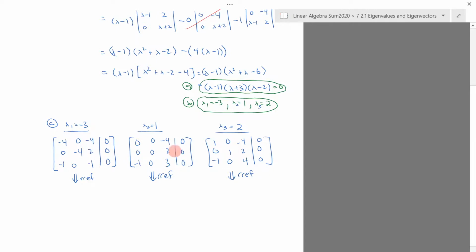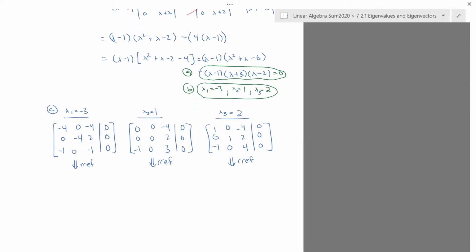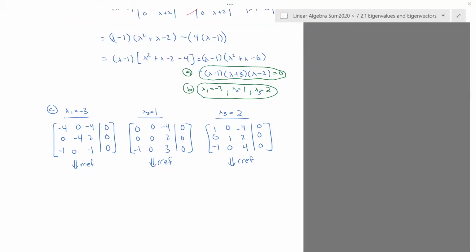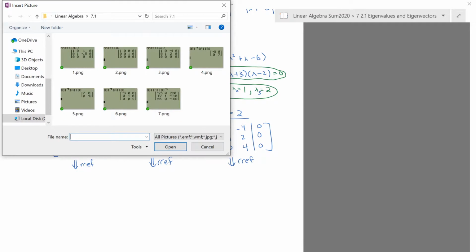Okay, so row reducing these is a little bit less straightforward, right? So I've already calculated the row reduced echelon form previously.